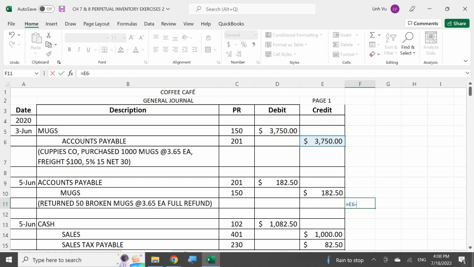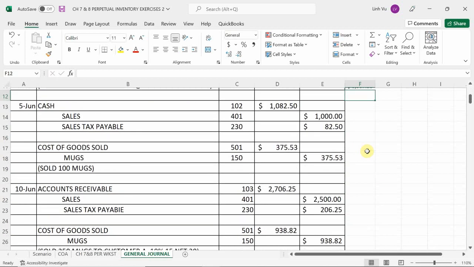But because we end up returning a total of 50 mugs, that reduced our amount by $182.50. So that means this bill that we're looking at here, it's going to cost me $3,567.50. Okay? So that's bill number 1.